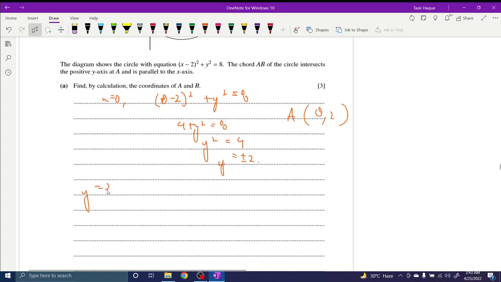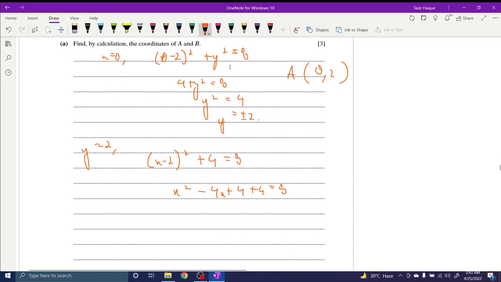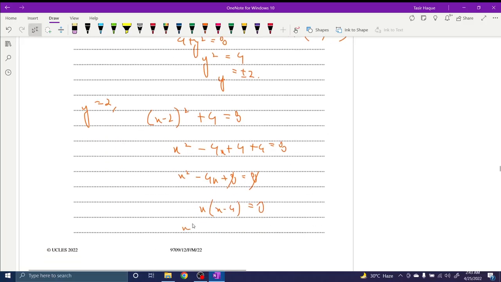So if we input y is equal to 2 in the equation, x square minus 4x plus 4 is equal to 8, or x square minus 4x plus 8 is equal to 8, x minus 4 is equal to 0. We are getting x is equal to 0 and x is equal to 4. So the other point is 4. So the coordinates are gonna be 4 comma 2. This is B, 4 2.